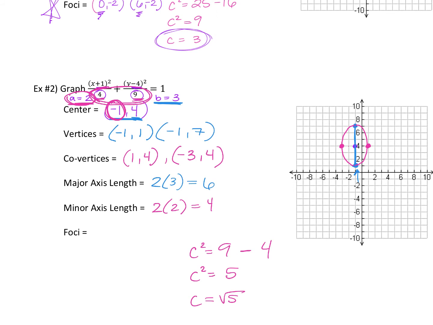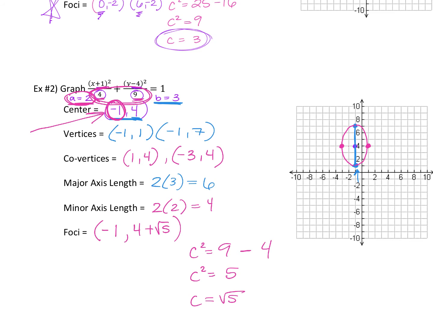Okay. But again, it's really tempting right now to say that my foci are at 0 plus or minus rad 5, but it's not, because that rad 5 has to move from what point? From the center. So really all you're doing is you're taking this point, because we can't actually combine that, right? -1 is going to be your x value still, and then you are going up from that 4, so it's 4 plus that rad 5 would be your y value.